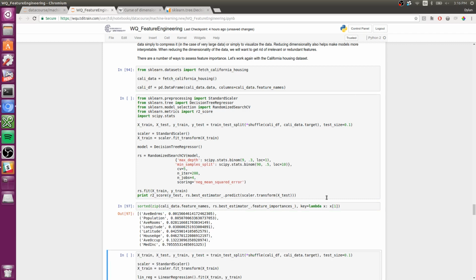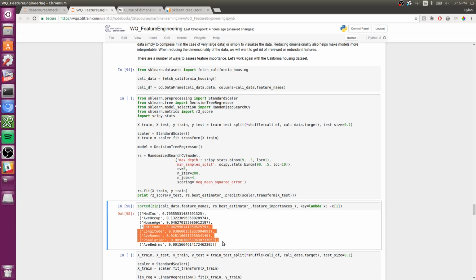Here we go. So the most important feature was that median income, which we saw earlier had a strong linear relationship. And many of our features were not so important.